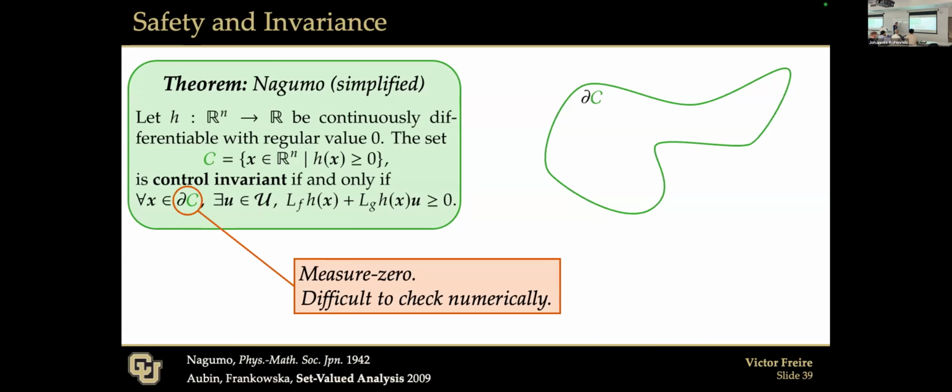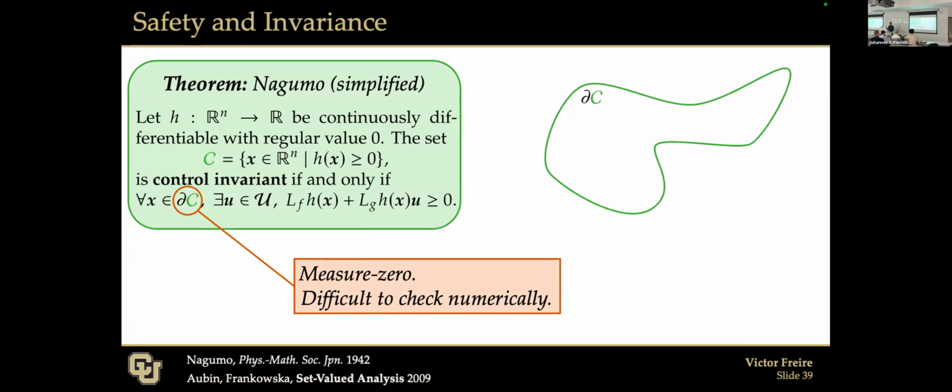The main drawback, you could say computationally, for this characterization of control invariance is that the boundary of the set C is measure 0, and that is difficult to check numerically. Imagine you are testing points in the plane. How likely are you to hit exactly the boundary of that set? Essentially probability 0.